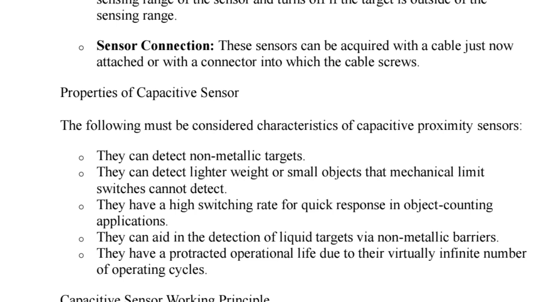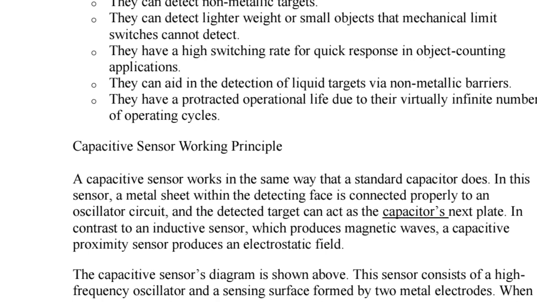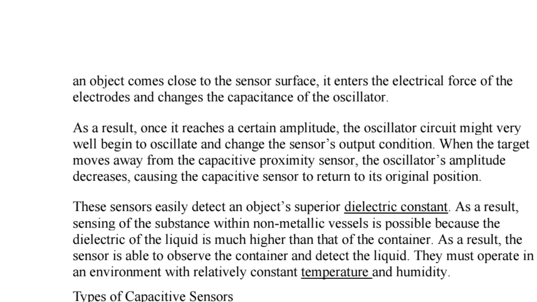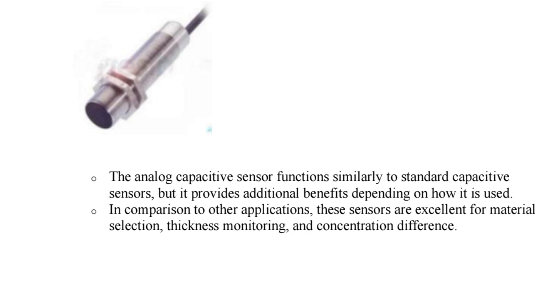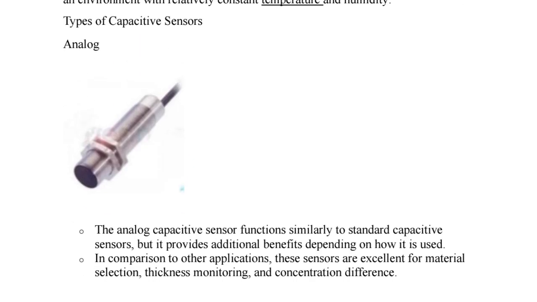The main purpose of this capacitive sensor is that wherever mechanical limit switches cannot detect, it can be detected by this capacitive sensor. It also has a high switching rate and quick response in object counting applications, and it detects liquid targets too. As for the working principle, there are many types of capacitive sensors.